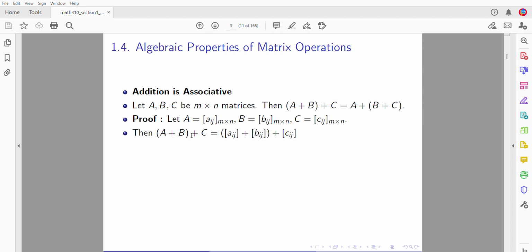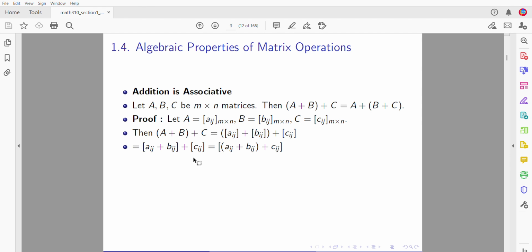That is, parenthesis matrix Aij plus matrix Bij plus matrix Cij outside the parentheses. Well, the parentheses get computed first. So matrix Aij plus matrix Bij is matrix Aij plus Bij, plus matrix Cij continues on the outside.